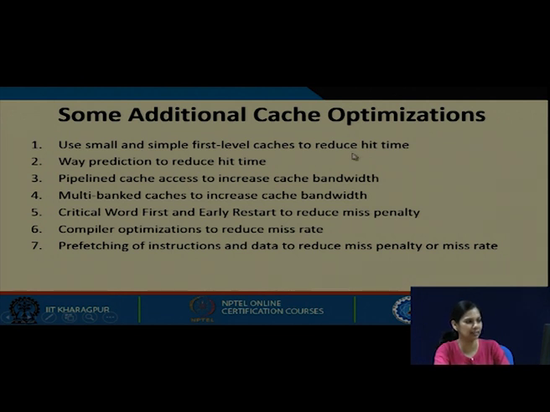So, these are some more cache optimization techniques. We already discussed many cache optimization techniques through which we can reduce hit time, miss penalty and miss rate. These are also some more methods through which they can be further reduced.